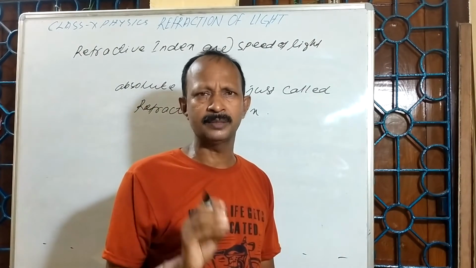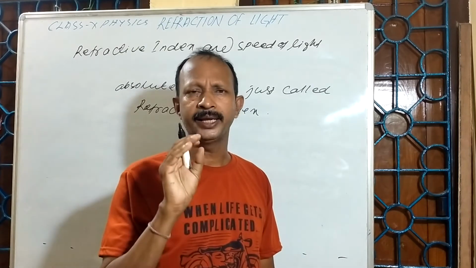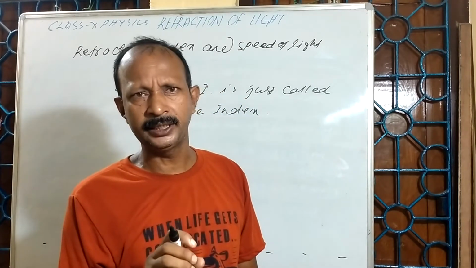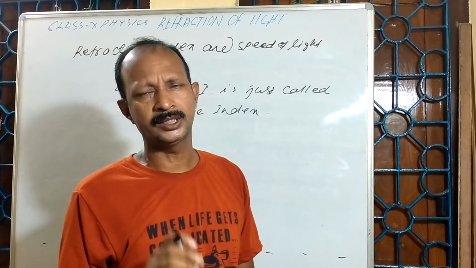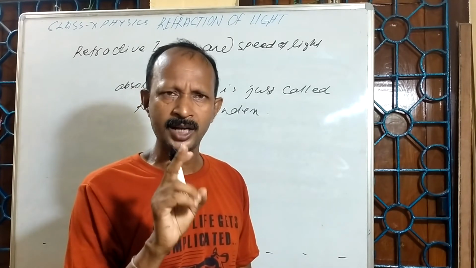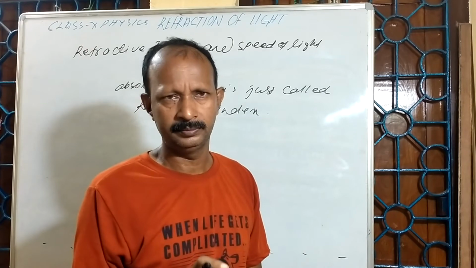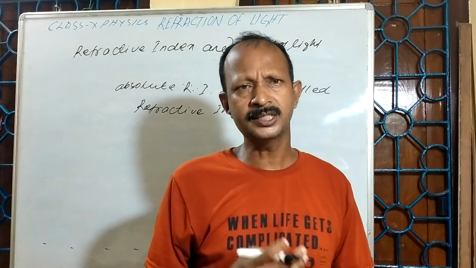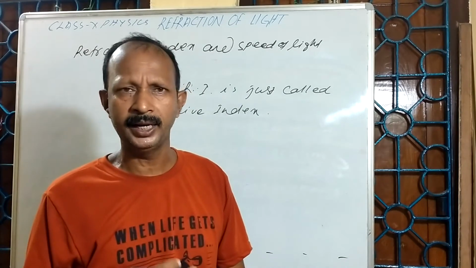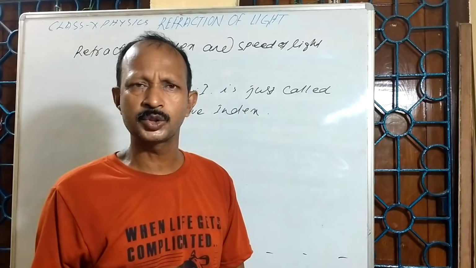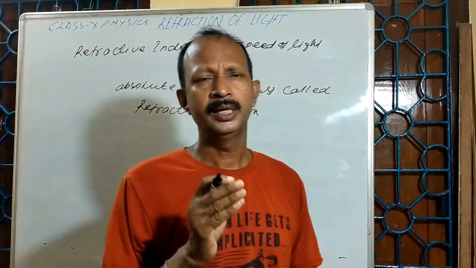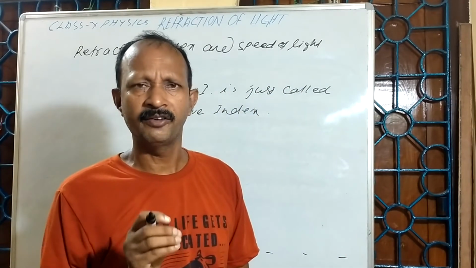That means the first medium is either vacuum or air. Strictly speaking, absolute refractive index we use when the first medium is vacuum. But practically, since the speed of light in vacuum and air are almost equal, when the first medium is air, we say it is also absolute refractive index.